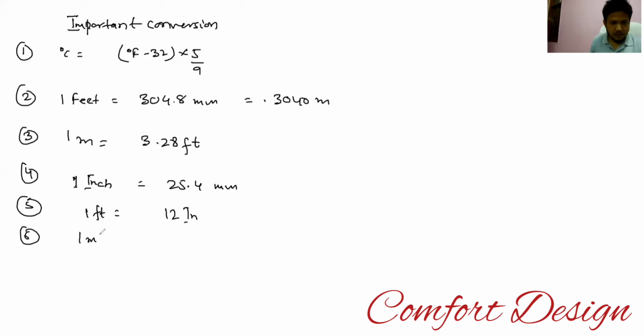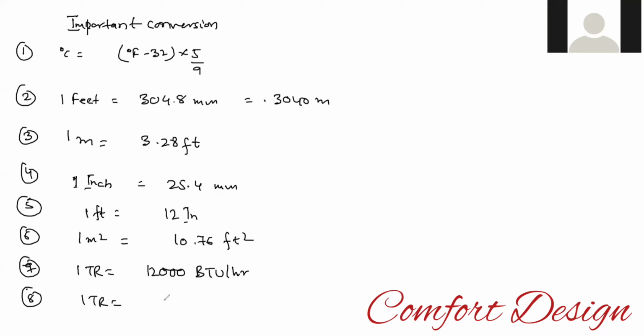Sixth number, 1 meter square is 10.76 feet square. Seventh number, 1 TR equal to 12,000 BTU per hour. Eighth number, 1 TR equal to 3.51685 kilowatt.